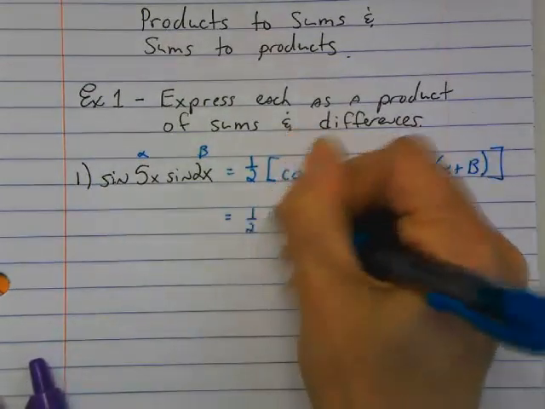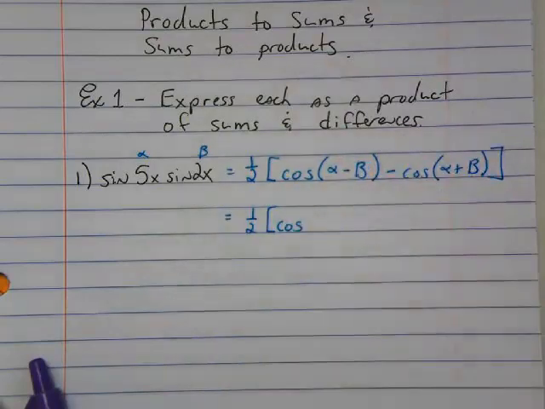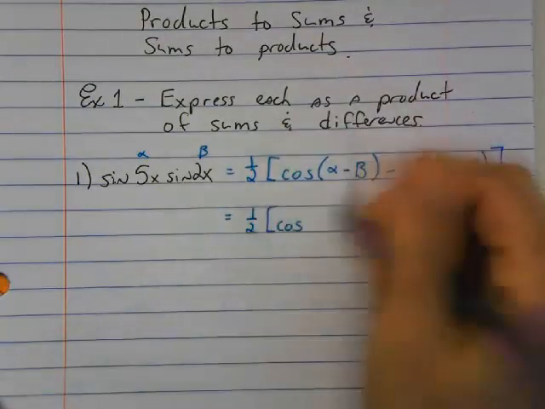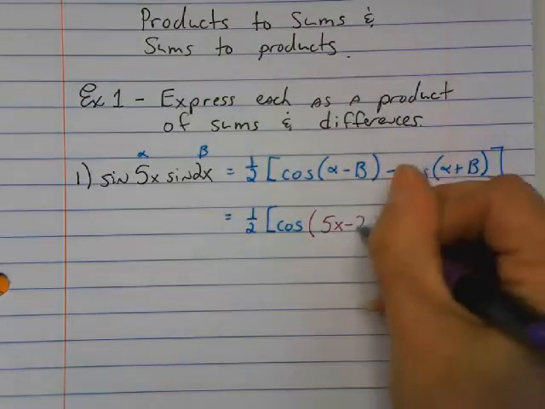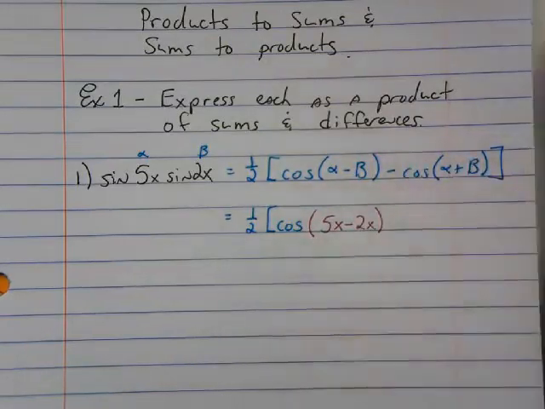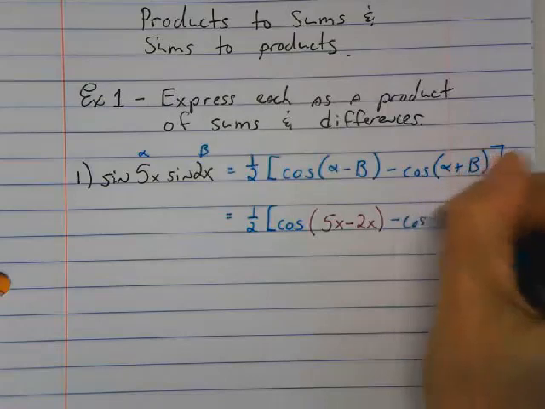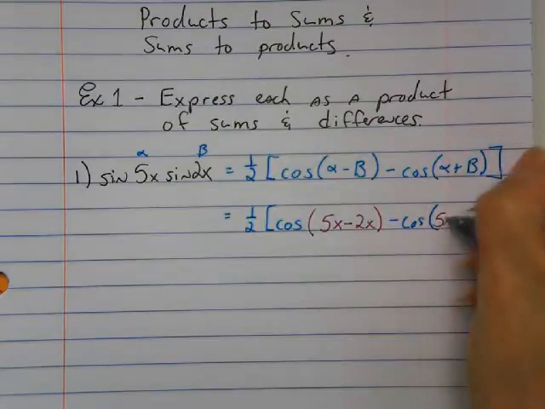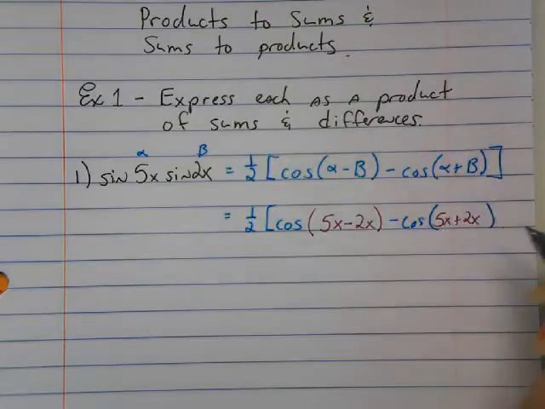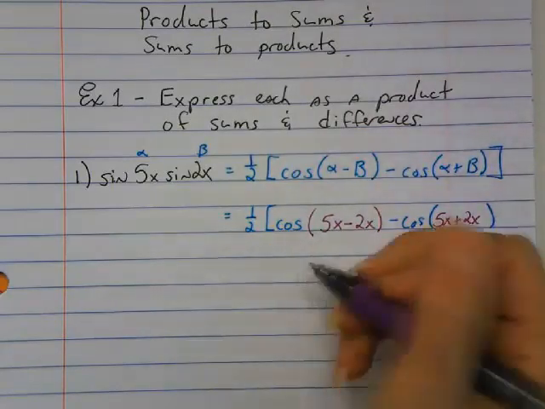So I have 1/2 the cosine, so I get 5x minus 2x minus the cosine, alpha is 5x plus 2x. Now let's just clean this up.